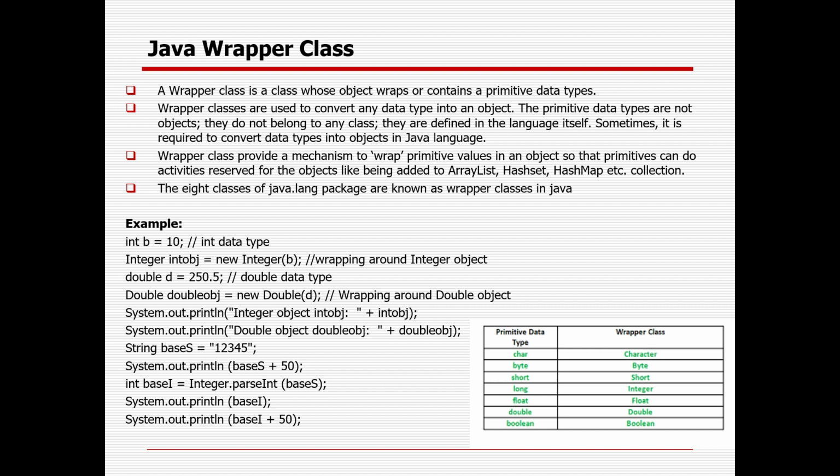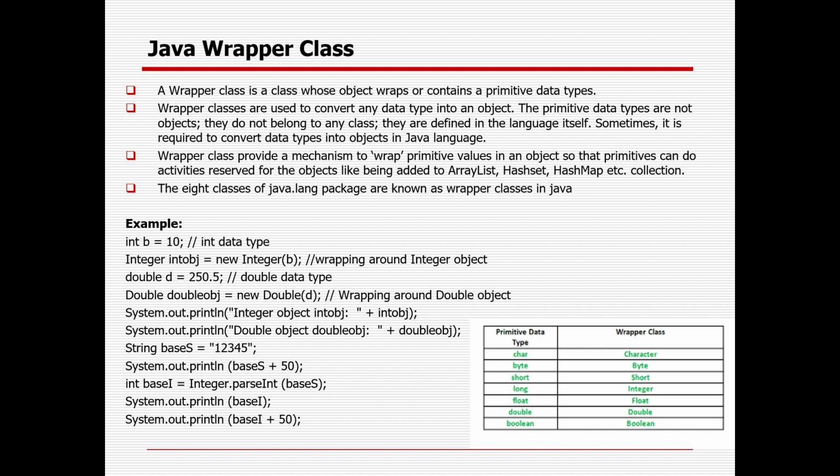Then the wrapper class. In the first Java session you already saw the data types like integer, double, float, character, all this stuff. But whenever you want to deal with the collection framework, which will be covered in the Java 4th session, the collection framework does not understand those primitive data types at all.